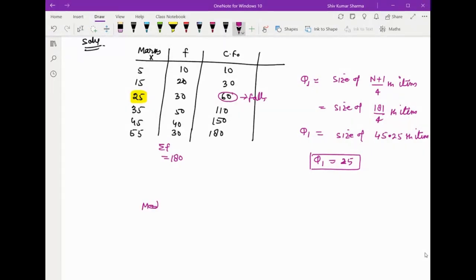So we calculate the median, also known as quartile 2. We take the value at the (n plus 1) by 2th item.